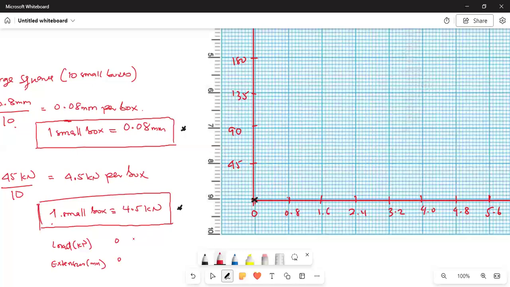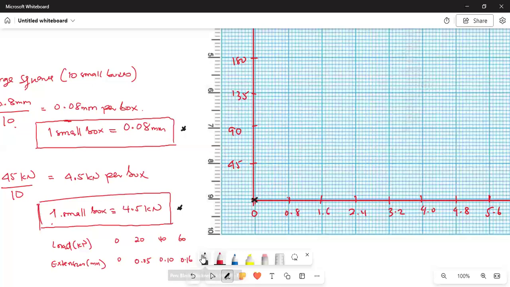The second point is 20 and 0.05. The next point is 40, then we have 0.10. The next point is 60, and then we have 0.16. And so on. The values are there.